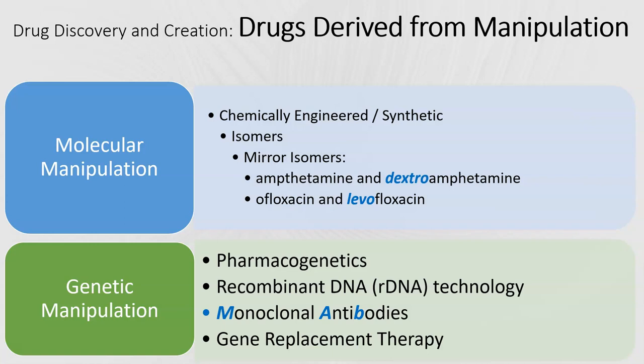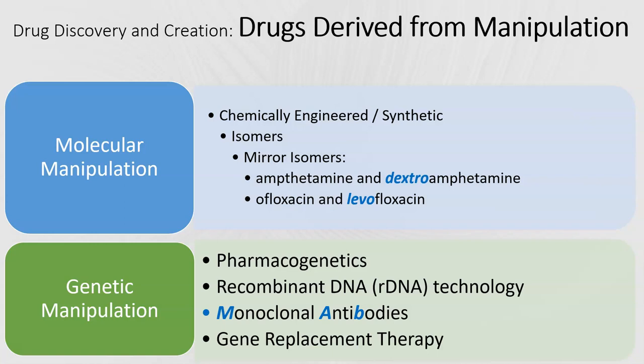And what it does is you're looking at it in the mirror, so what was left is now right, kind of thing. And we identify these by using location designators. So amphetamine is the first drug, and then we have a right isomer. Dextro means right. So dextroamphetamine.